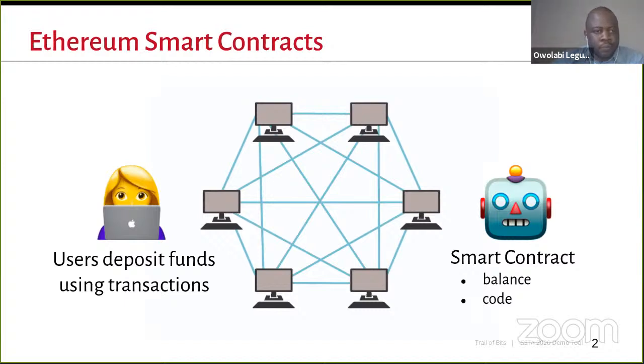Let's start with a one-minute introduction of what smart contracts are in Ethereum. Smart contracts are pieces of code that are deployed in the network. We can call this network the blockchain. Users interact with smart contracts through transactions, and these transactions usually carry some value in terms of funds like Ether or stable coins.